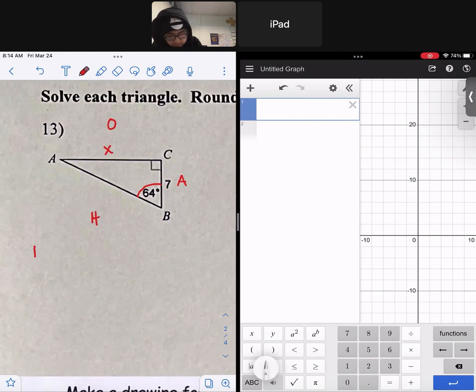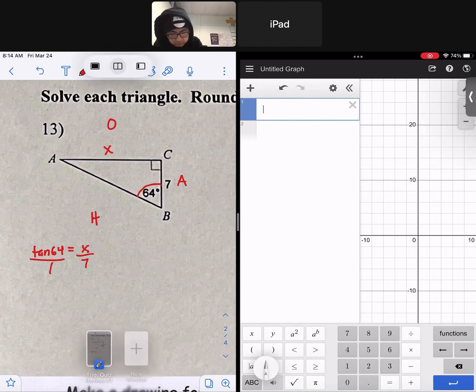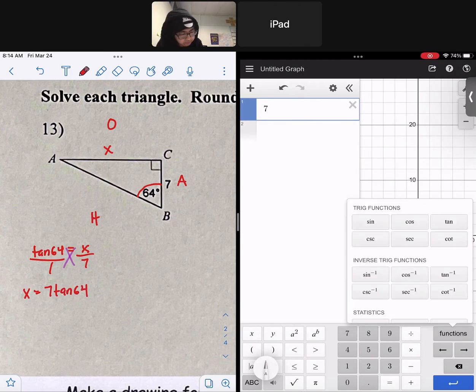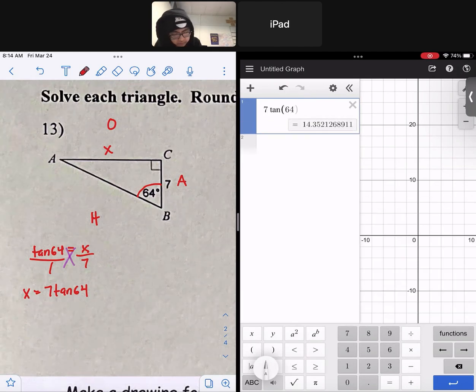So tan 64 equals opposite over adjacent. Cross multiply, x equals 7 tan 64. So that's going to be what we need to plug in our calculator. 7 tan 64, so that's roughly 14.4 is the length of that side.